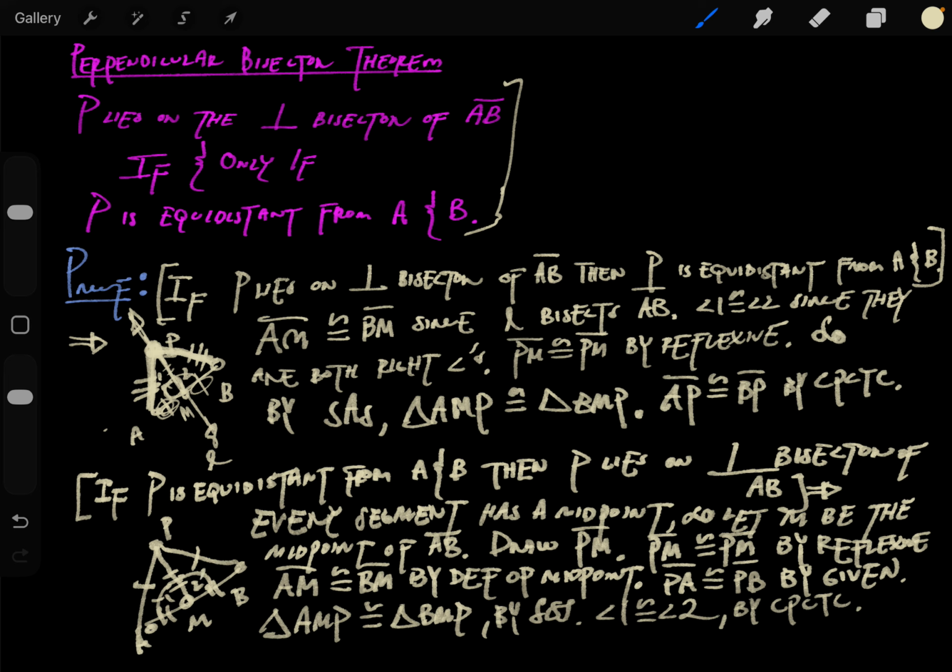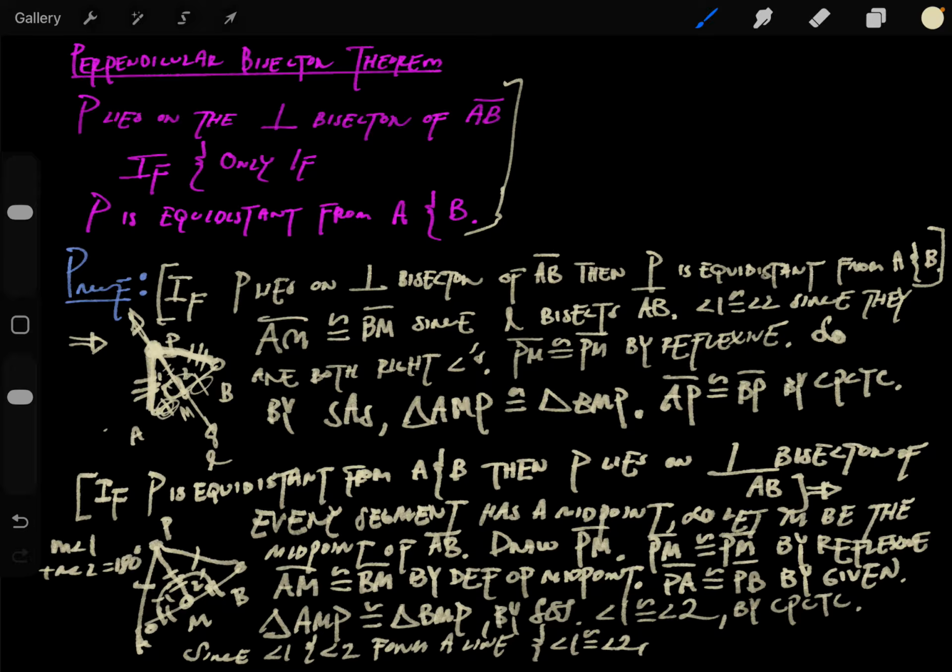And since angle 1 and angle 2 form a line and angle 1 is congruent to angle 2, this forces them both to be 90 degrees. With the algebra, the measure of 1 plus the measure of 2 is 180 degrees.